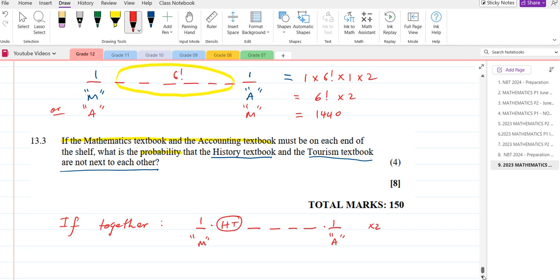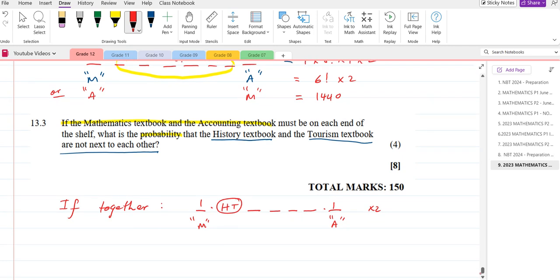Number of ways of them being together. So in how many ways can they be together? It's going to be, remember, there's an option here, or accounting here, and mathematics there. Right, so this is 2 factorial, and remember these can move into positions. So 2 factorial for this one, 2 factorial times, count this as an entity, so that's 1 2 3 4 5, times 5 factorial, right?